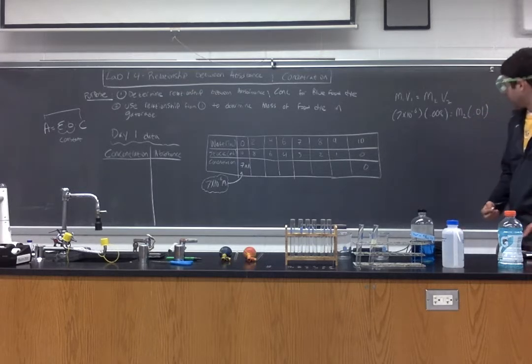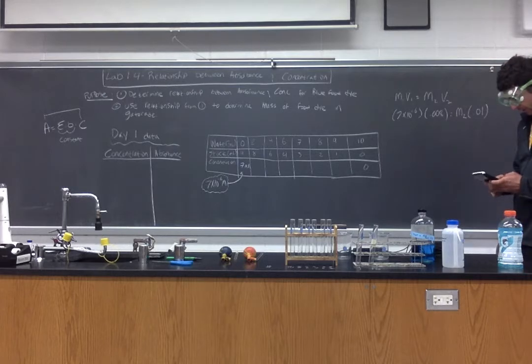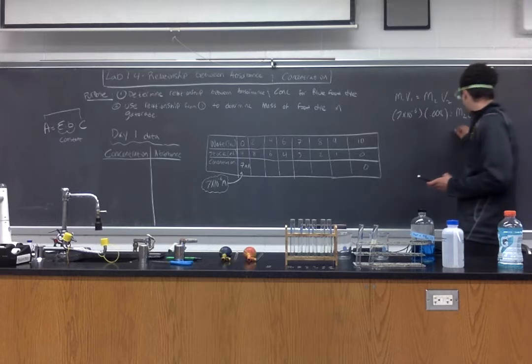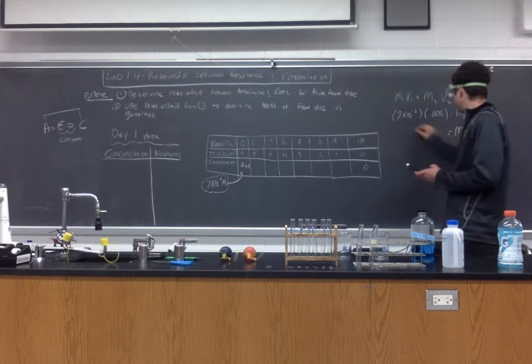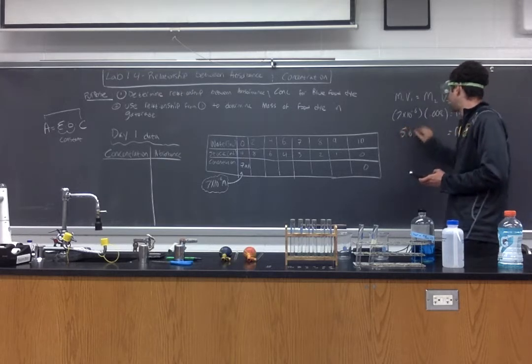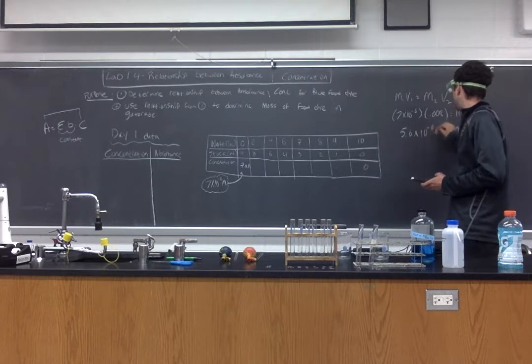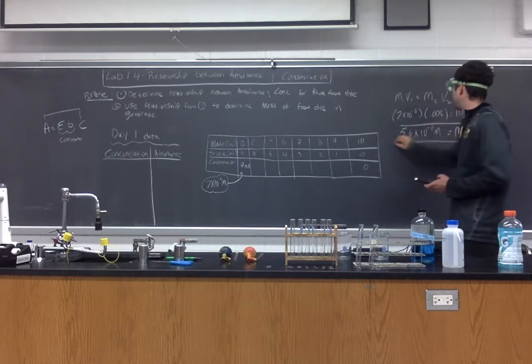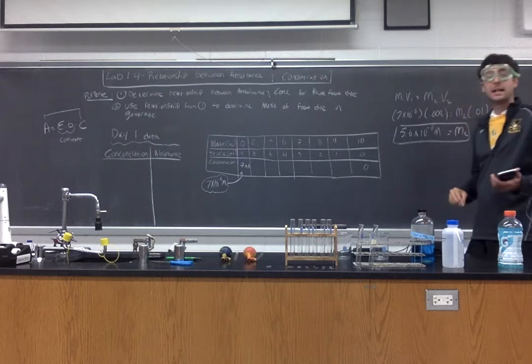Quick calculation here: 7 times 10 to the negative 6 times 0.008 divided by 0.01. M2 is equal to 5.6 times 10 to the negative 6 molar. We expected this to go down because we were diluting our solution.